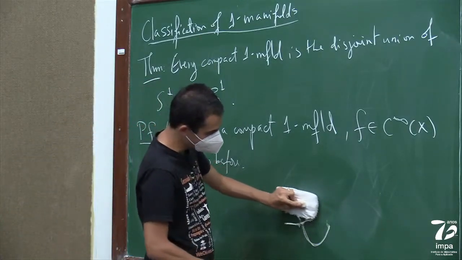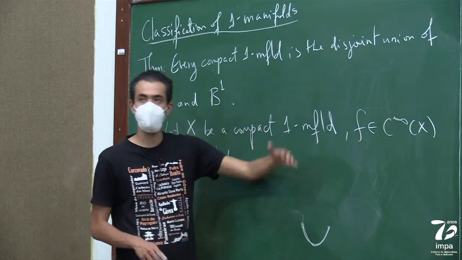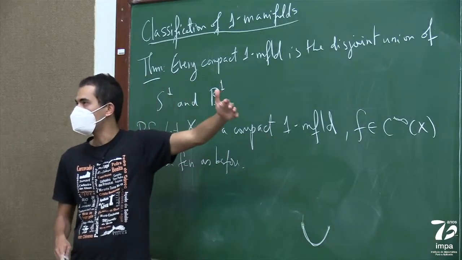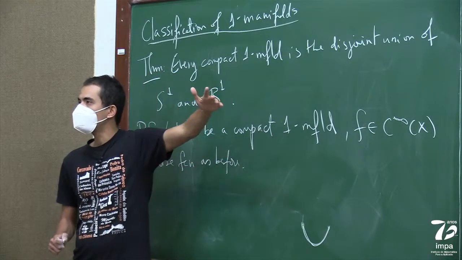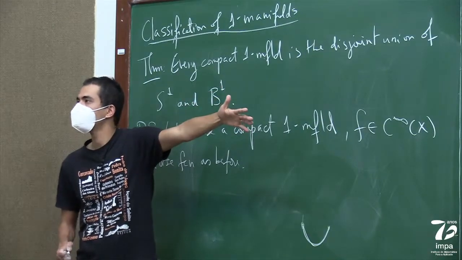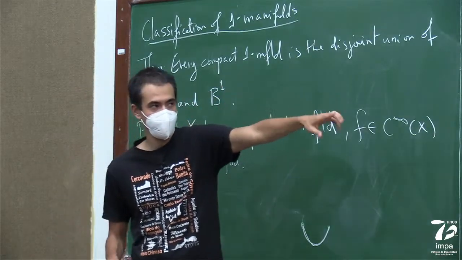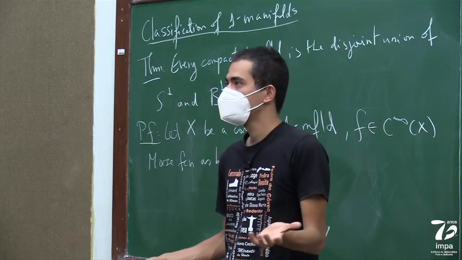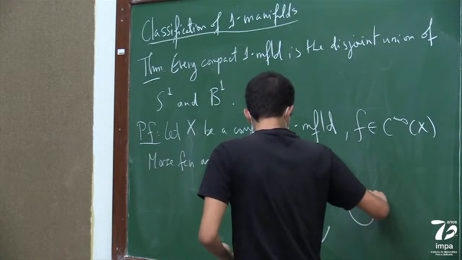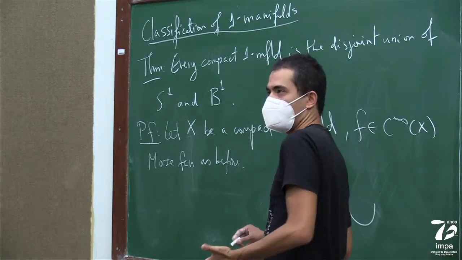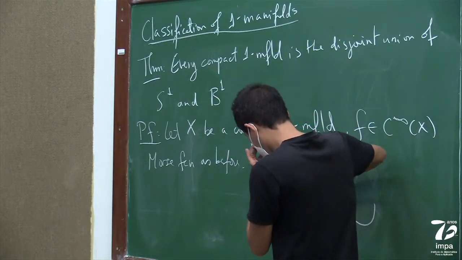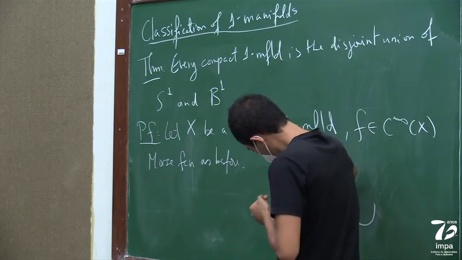The other thing is, instead of having a one handle, maybe the next critical point is an index 0 critical point, which means I have another 0 handle. And remember, the 0 handle just appears attached to nothing, so I take the disjoint union with something else. And in this process, I can also elongate this guy like this.